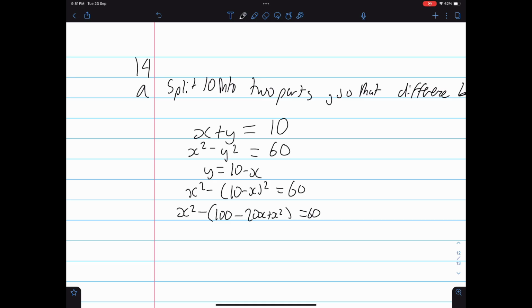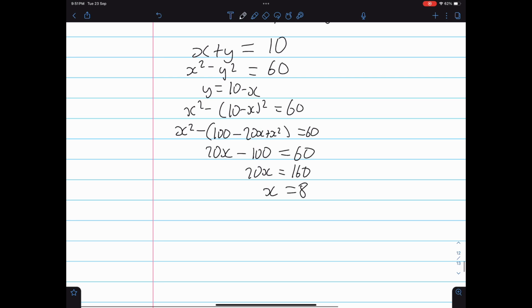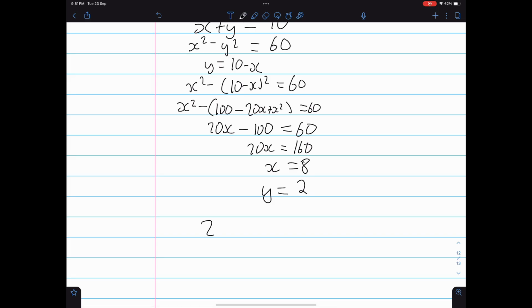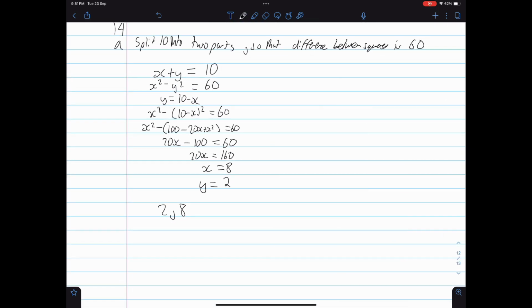So we get 20x minus 100 equals 60. 20x equals 160, x equals 8. Therefore, y will equal 2. So the answer will be 2 and 8.